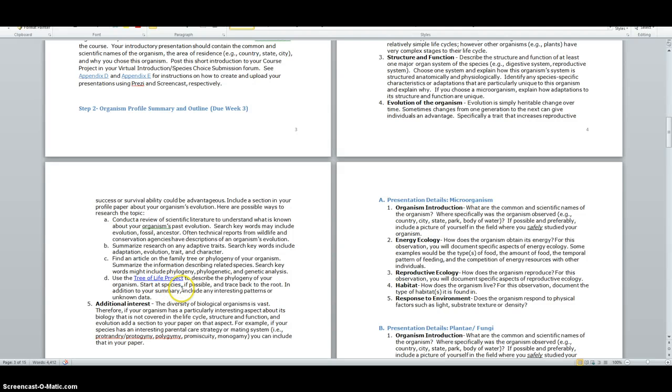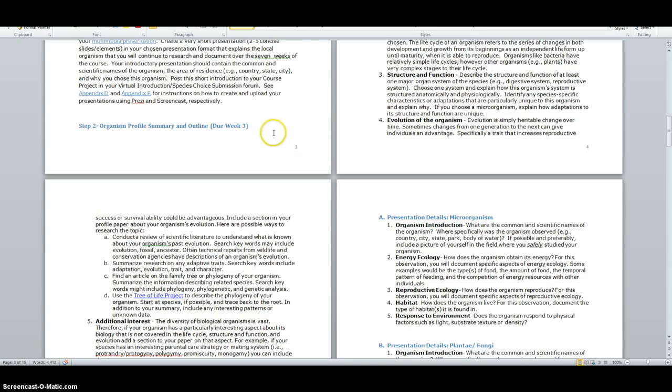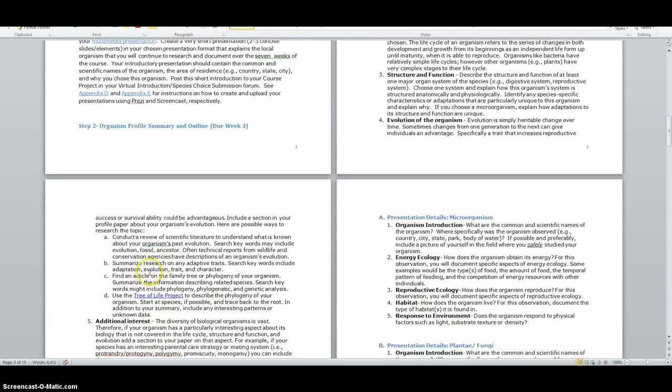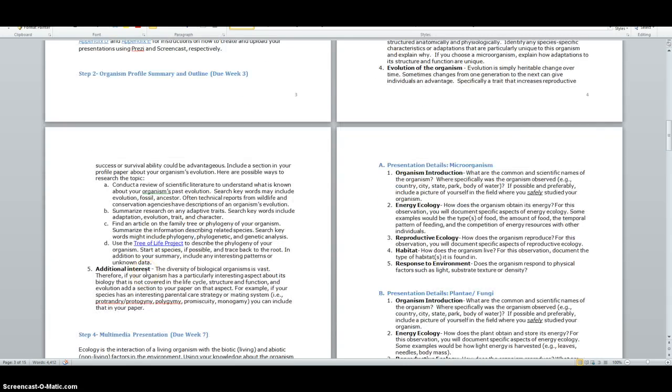So please note again that your summary and outline that's due week 3, that is going to be your stepping stone into your organism profile paper due week 5, should cover these 5 facets, which are going to be different than what is covered in your multimedia presentation.